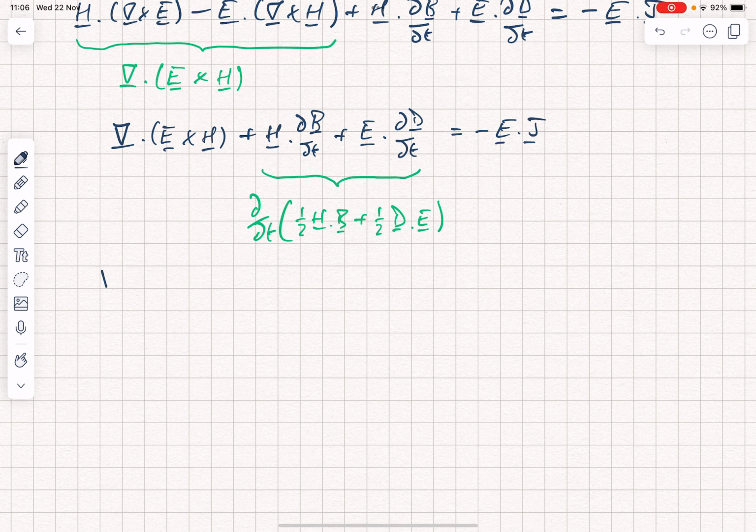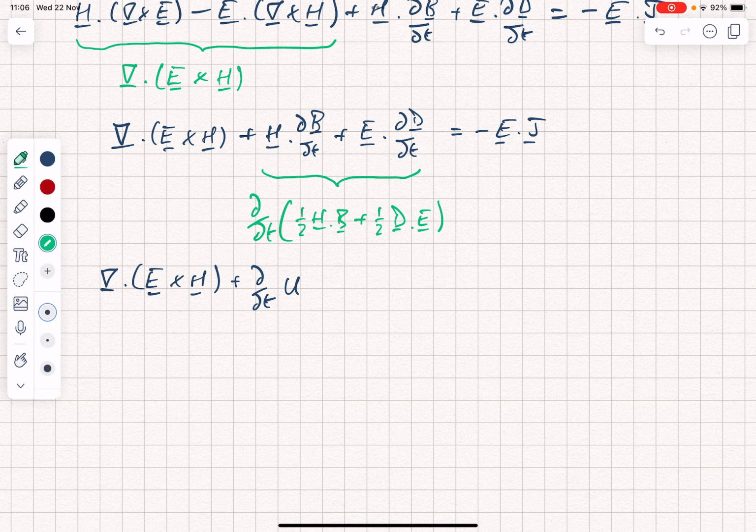And so we finally end up with the following. We have that the divergence of E cross H plus d by dt of U, that's the energy density, and remember that this term in the brackets here, a half H dot B plus a half D dot E, is the energy density, is equal to minus E dot J.